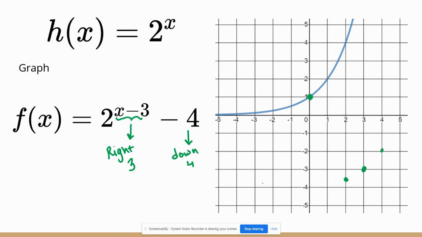You see how this asymptote is going to be shifted down 4. So instead of being an asymptote at 0, that asymptote gets moved down to negative 4. And so we still have an asymptote. We still have the exact same shape. It's just that we've been moved right and down. Your asymptote should remain at negative 4. It should not be anywhere else but negative 4. So your graph should not cross negative 4.